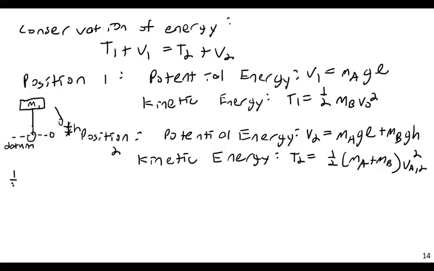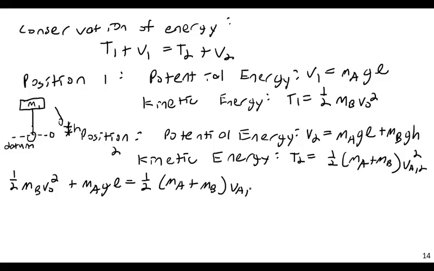I get 1/2 MB V naught squared plus MA times g times L is equal to 1/2 times MA plus MB times VA2 squared plus MAGL here plus MBGH.